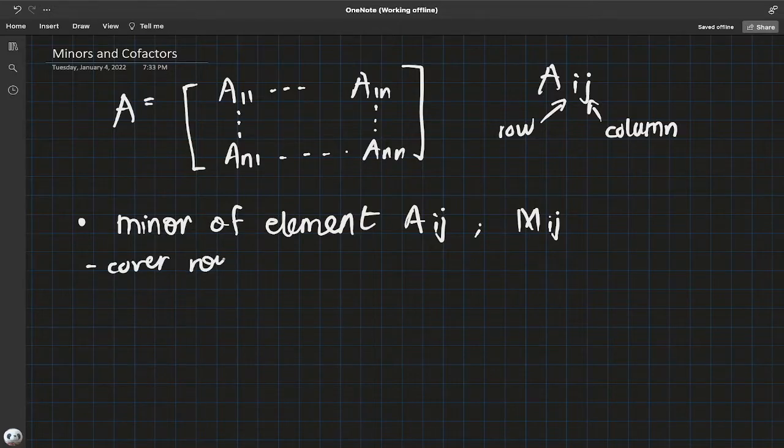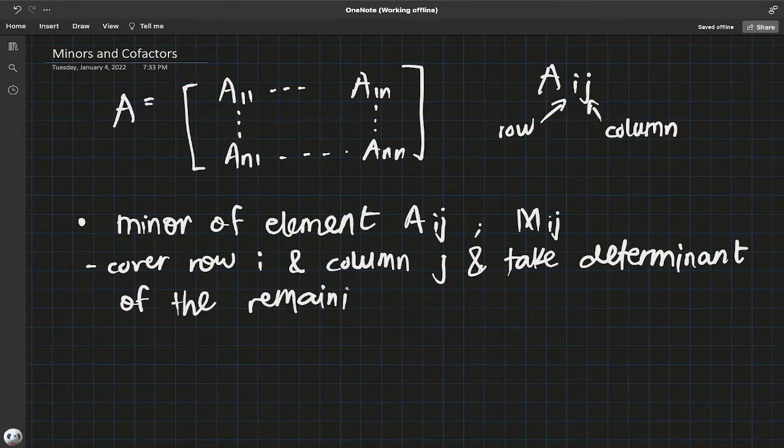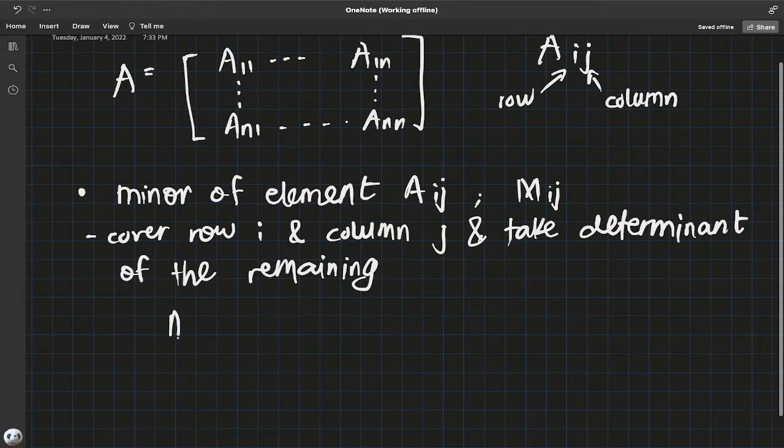Cover row i and column j, and take the determinant of the remaining terms.